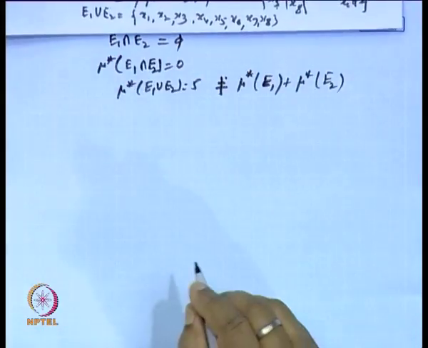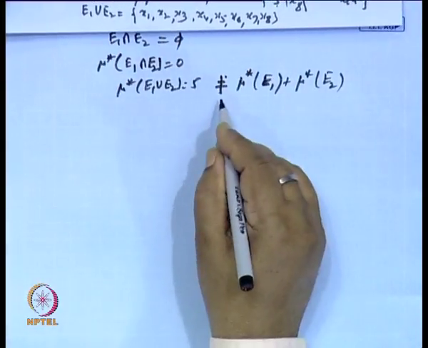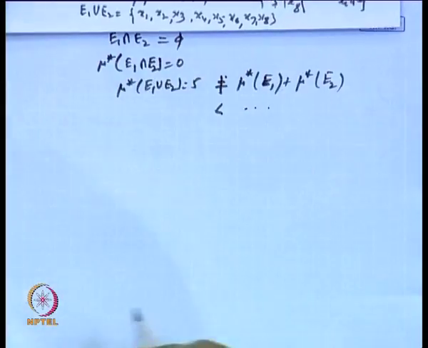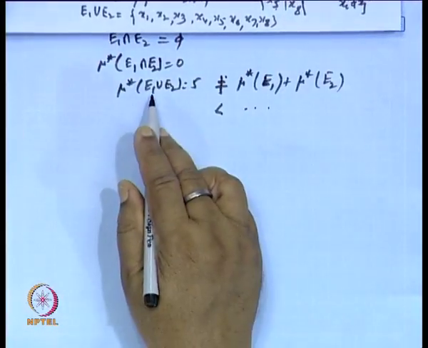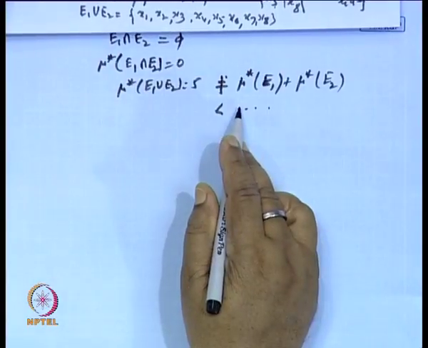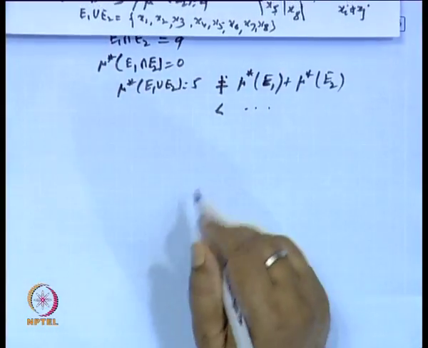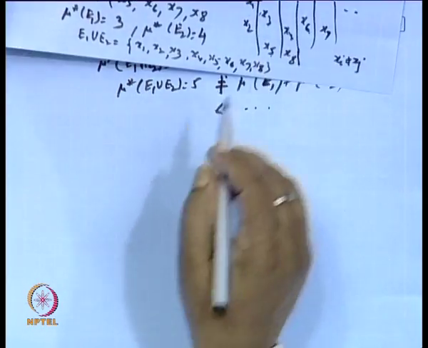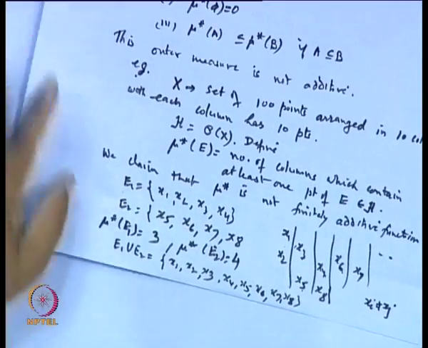Rather, it is strictly less than this value. So, in spite of E1 and E2 being disjoint, mu star of E1 union E2 is not equal to mu star E1 plus mu star E2. This shows that mu star is not a finitely additive function.